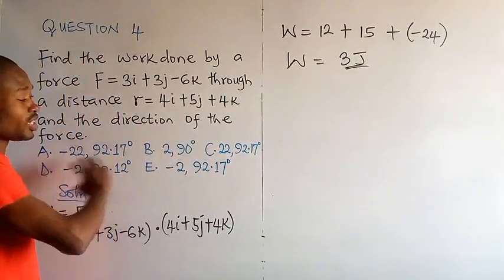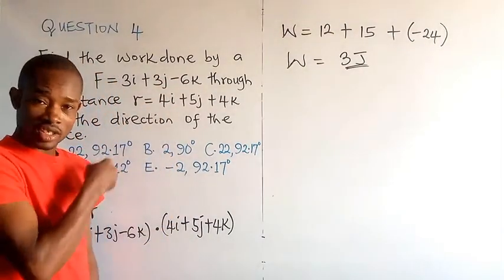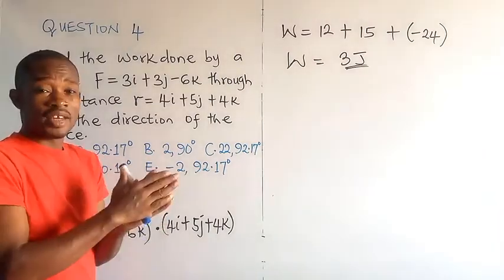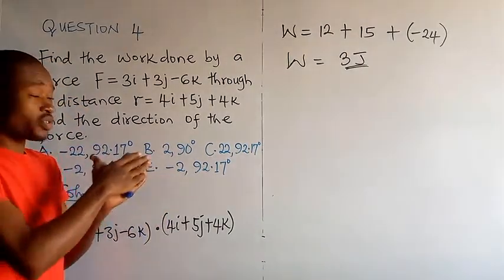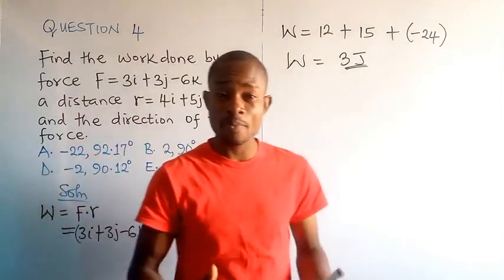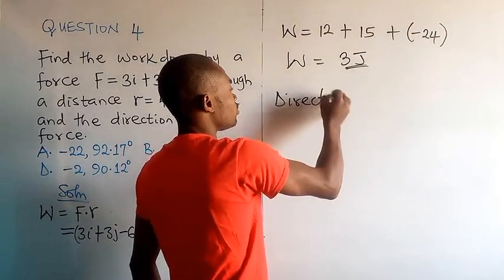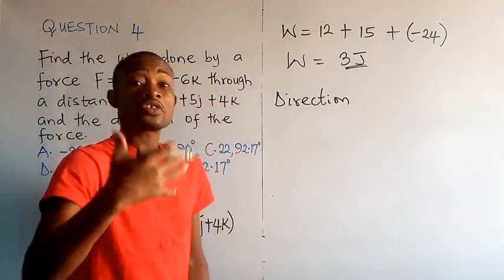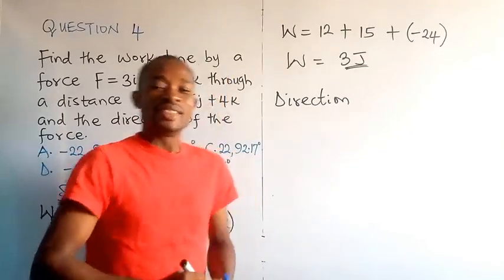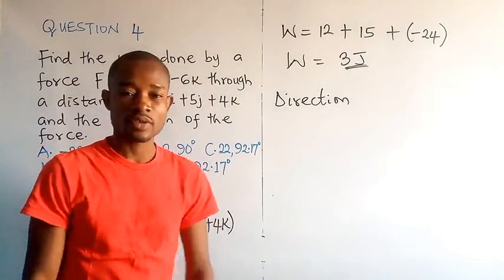Unfortunately, there is no option here that has that value 3, which means that the correct option is not in these ones provided. But that doesn't matter. I'd like us to see the end of this. Let us get the direction of the force as required. Whenever you are exposed to scalar product of vectors, direction is obtained by getting the cos inverse of the scalar product divided by the product of the magnitudes of the vectors.